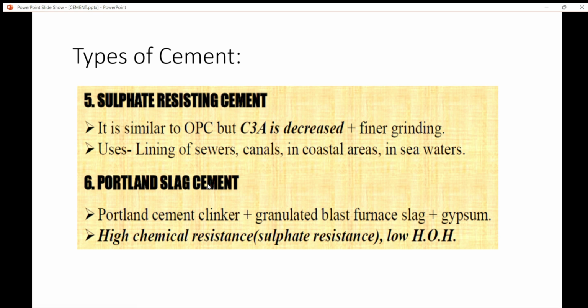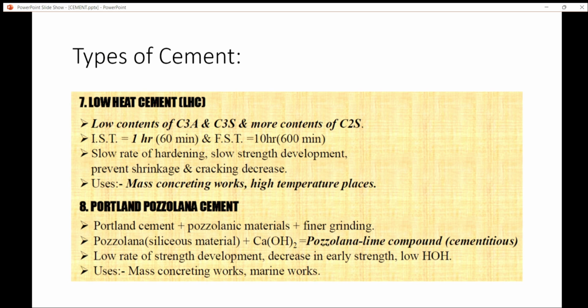Portland slag cement. Portland cement clinker plus granulated blast furnace slag plus gypsum, high chemical resistance, sulfate resistance, low heat of hydration. Low heat cement. Low contents of C3A and C3S and more contents of C2S.